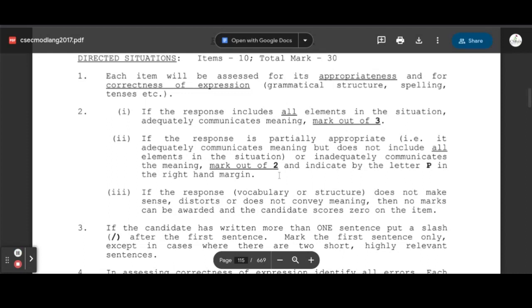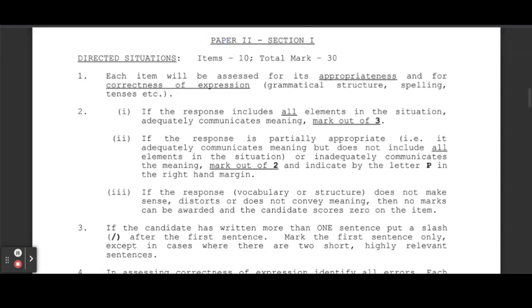So essentially, something that's really crucial is to ensure that you get the full context of the situation, right? And you answer all the elements of the situation, and then you're marked out of 3. If your response is partially appropriate, meaning you're not fully appropriate to the situation and you don't have all the elements, you're going to get a 2.